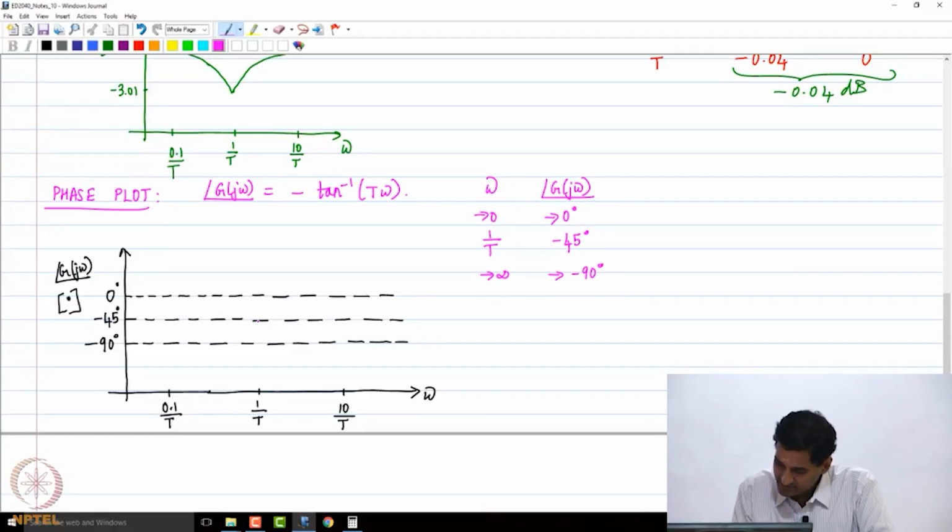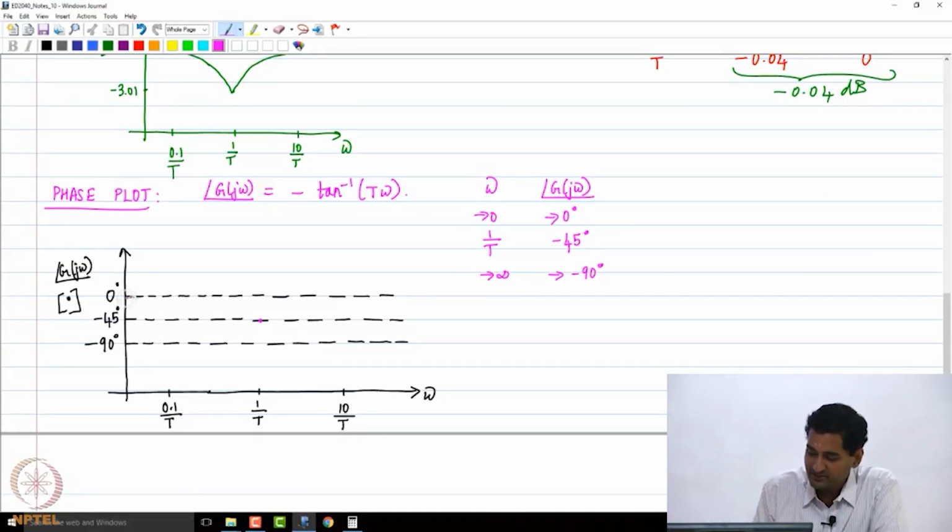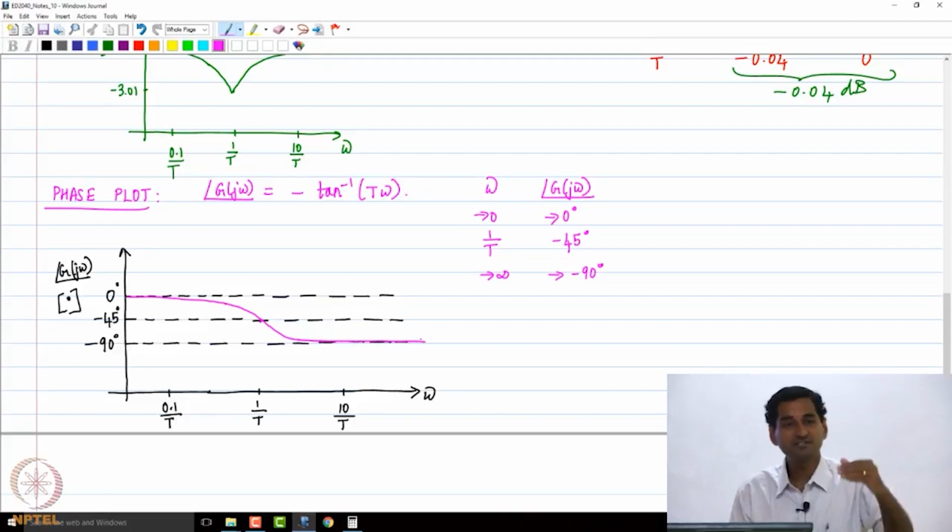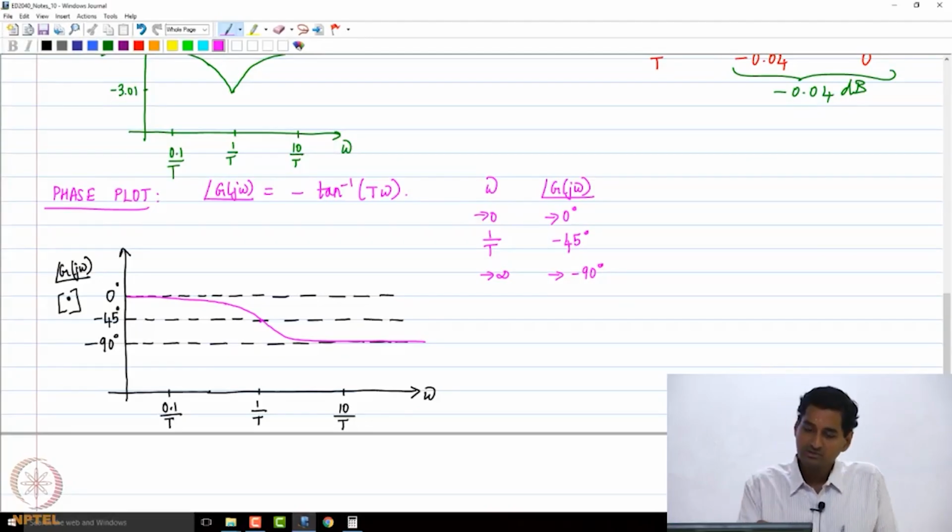I just need to make sure that I pass through 1 by T and minus 45. That's important. When I start from low frequencies, I'm going to have values which are very close to 0. Then I'm going to have an inflection point at 1 by T and minus 45. Then the curve just goes to minus 90. That's how the phase curve is going to look. So that's the phase plot of this first order factor.